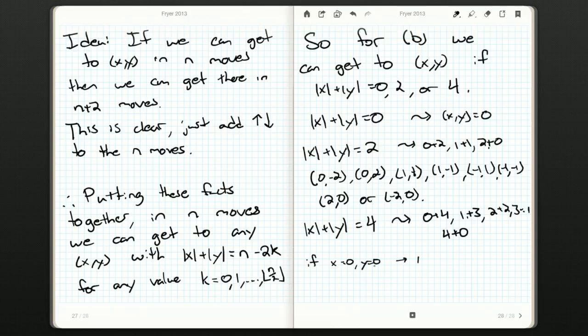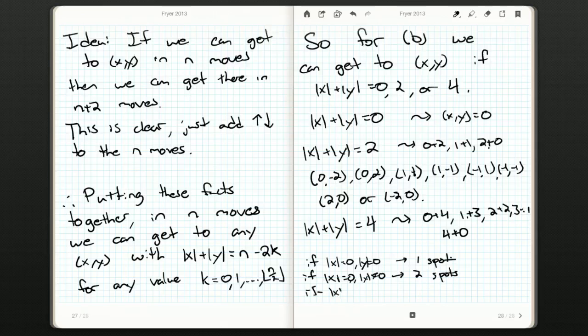So if x and y are both 0 for our sum, we get 1 spot. If x is 0 and the absolute value of y is not 0, we get 2 spots.